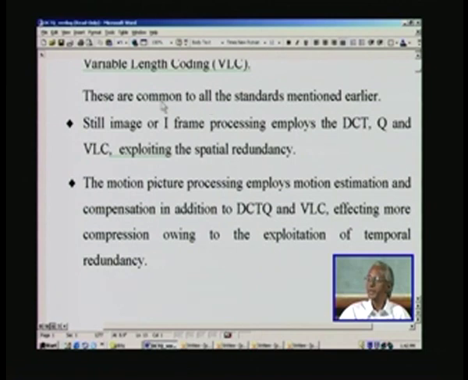Before that we can perform even the inverse operation, namely IQ IDCT, and then form a separate frame that is known as the I-frame, and this is useful for motion picture processing, which we will explain a little later. This I-frame employs DCT quantization as well as VLC, and it exploits what is known as spatial redundancy.